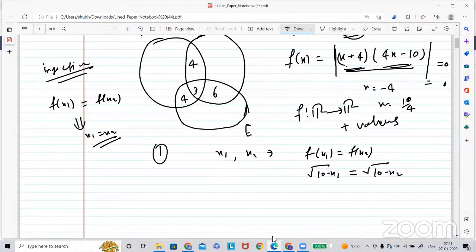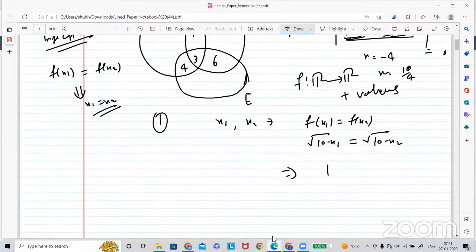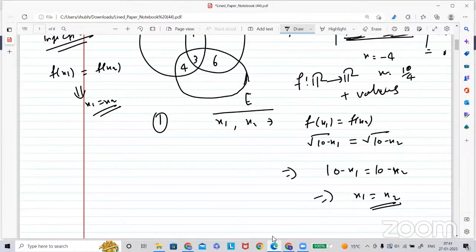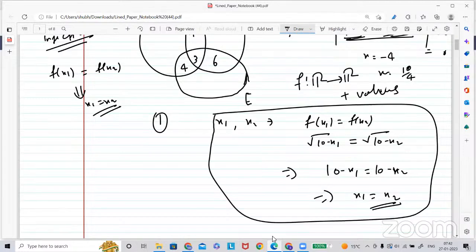Now if you take the square of both sides, you will get 10 minus x1 is equal to 10 minus x2. If you solve, you get x1 is equal to x2. So this tells you that your function is going to be one-one.